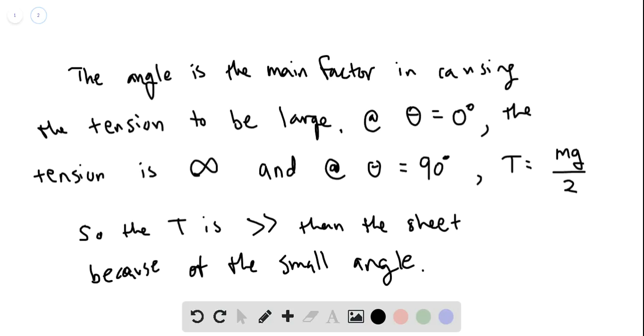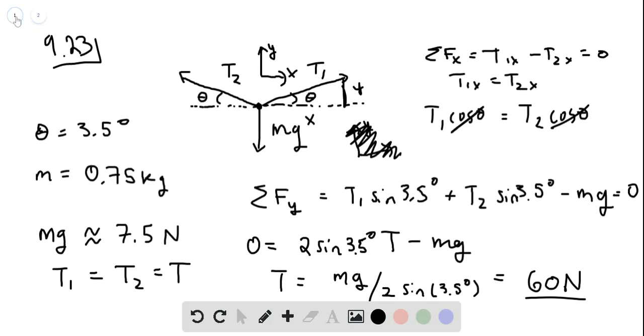The tension is greater than the sheet's weight because of this small angle. This makes a very big impact, especially because of the small angle approximation, which says that sine theta is about equal to theta. Putting a small number in the denominator, dividing by a small number makes a big number. The smaller you go, the bigger you go, right?